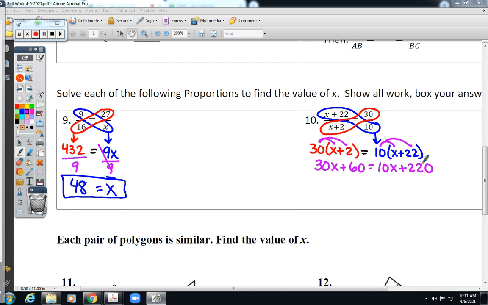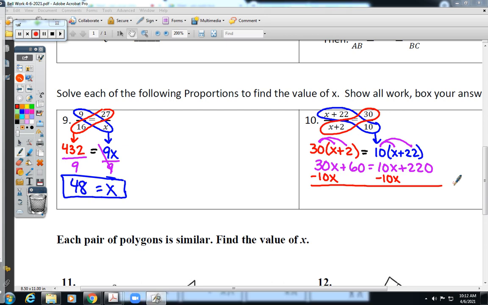Now we got an x on both sides, so what do we do? Okay, does it matter which one? Not at all. We do like to keep the numbers positive when we can, so I'm going to subtract 10x from each side. While we're at it, what else can we do? Yeah, we need to move the 60 at some point.